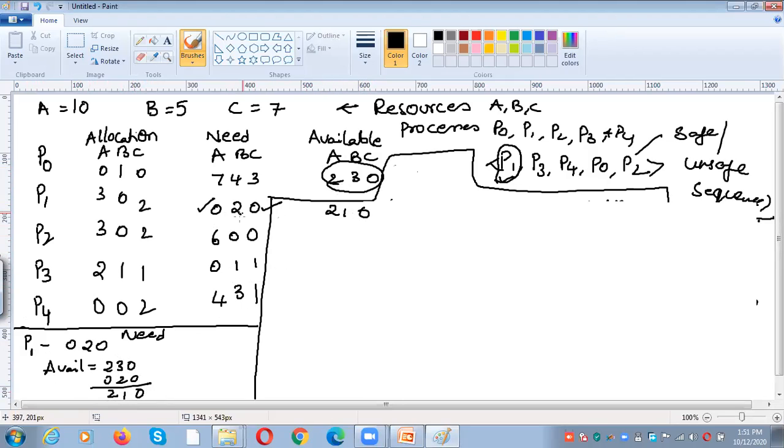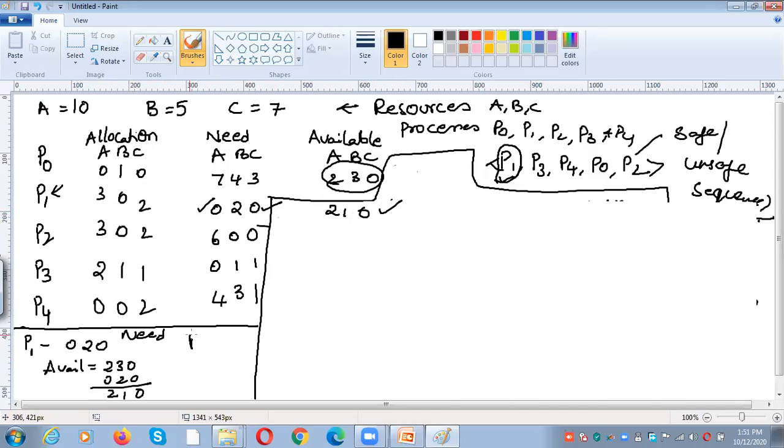Okay, you have allocated 0 2 0 to P1. From the availability, how many resources are required by P1? 0 2 0. So 0 2 0 is given to P1. How many are still available? You subtract 2 3 0 with 0 2 0, so the resources still available are 2 1 0.